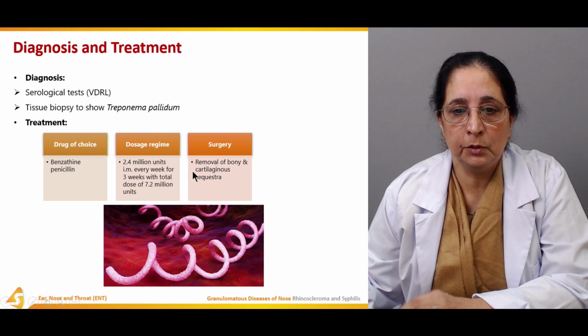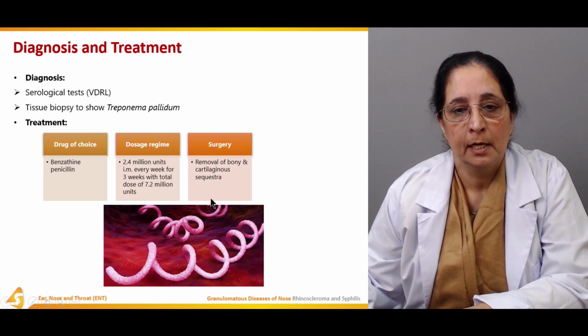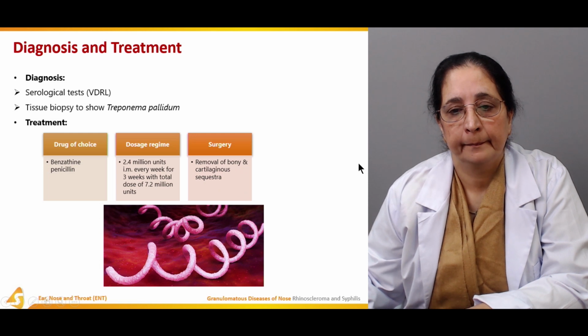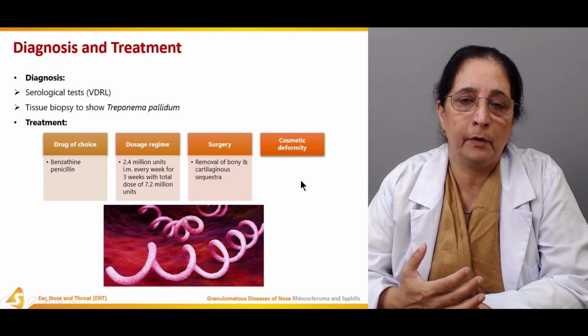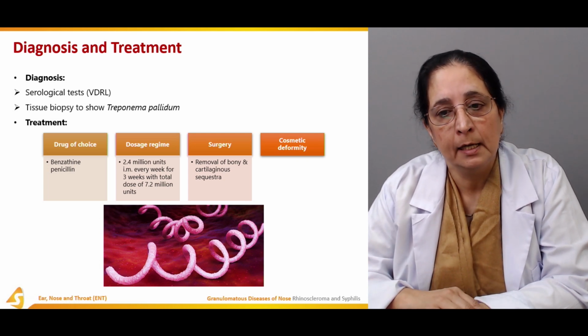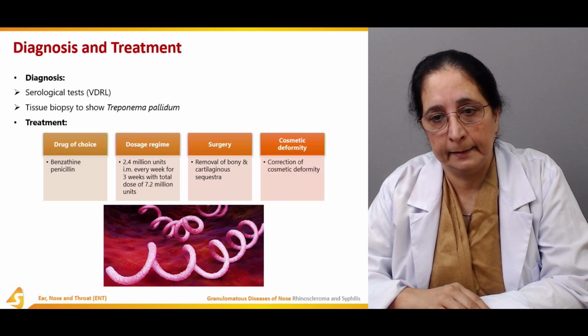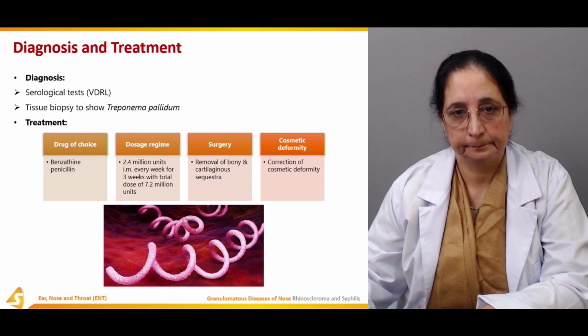Surgery is done for removal of bony and cartilaginous sequestra. And then if there is any cosmetic deformity, like saddle nose, that can be corrected cosmetically. Correction of any deformity.